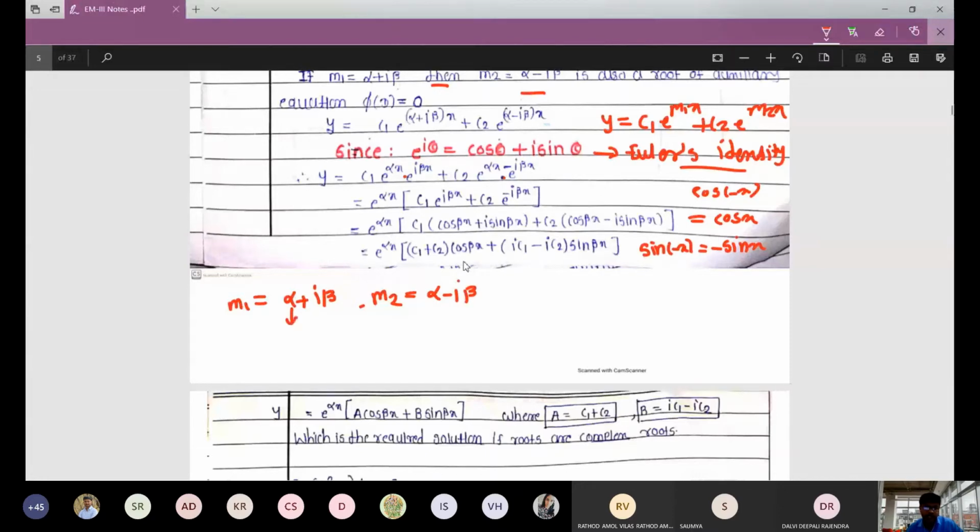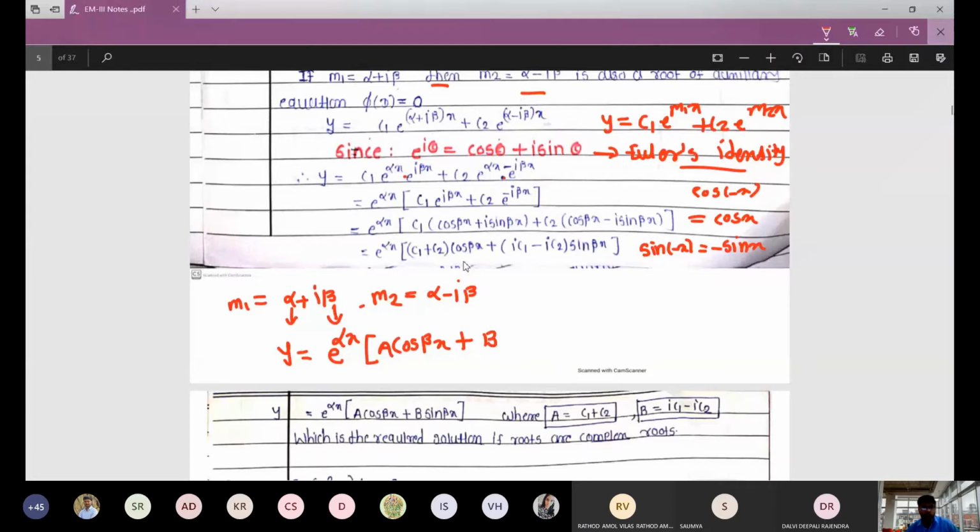Then this alpha is the real part and this beta is the imaginary part. In that case, you have to write the solution directly as e to the power real part, e to the power alpha times x in bracket, constant A cos of, for the angle we have to use the imaginary part, that is beta, cos of beta x plus another constant B sine of beta x.